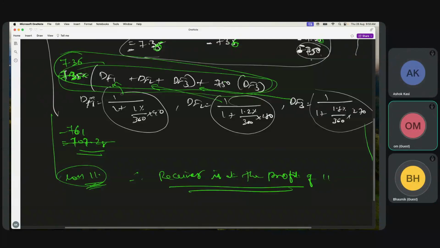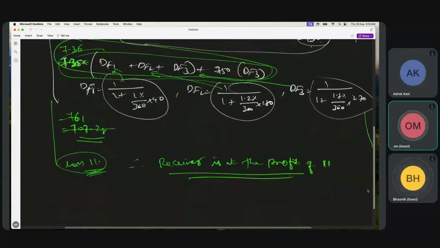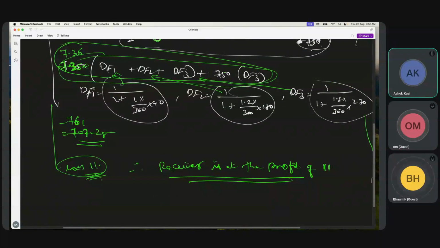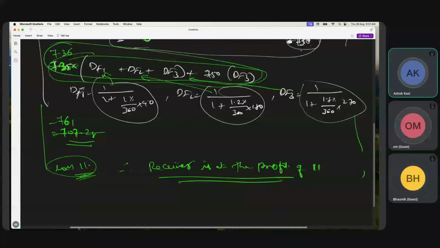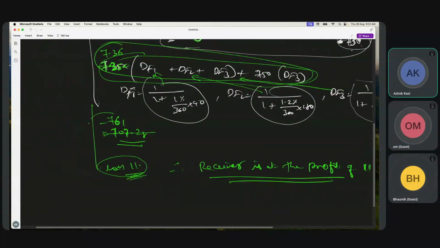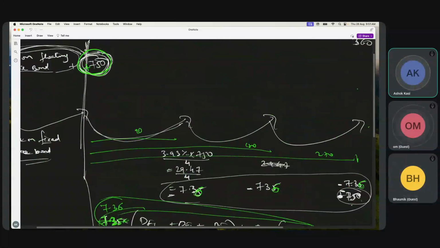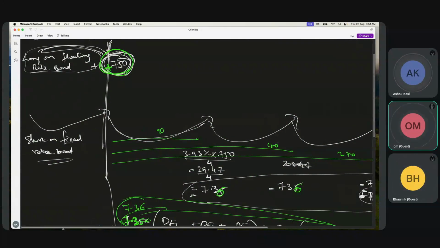So why did we compare it with 750 at day 90? Because see, value means what? We are calculating profit and loss. After 90 days, it looks like we have to pay 761 and we are receiving 750. Because we are short on the fixed rate bond and long on the floating rate bond, we have agreed to pay something and agreed to receive something.